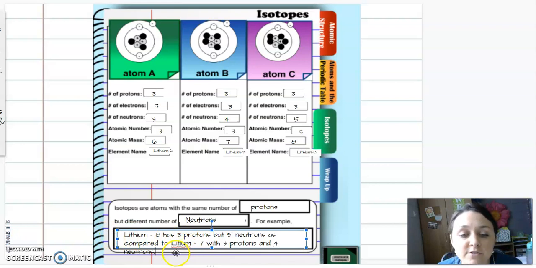Okay, so they both have the same protons, just different number of neutrons. That is going to always affect your mass, not your charge. Neutrons have no charge, so this will not affect the charge.